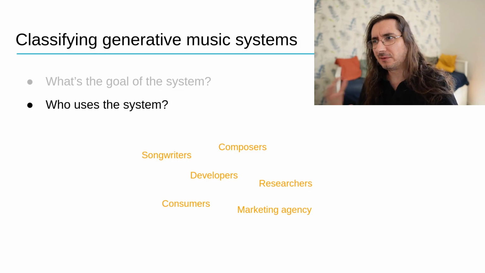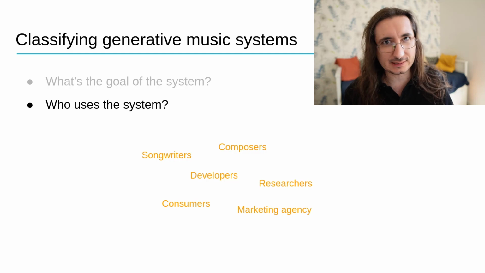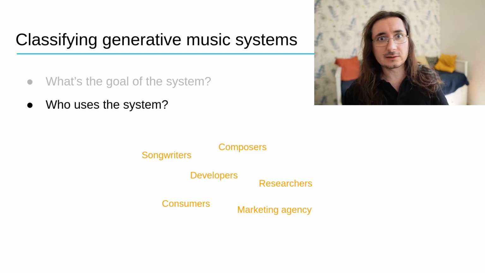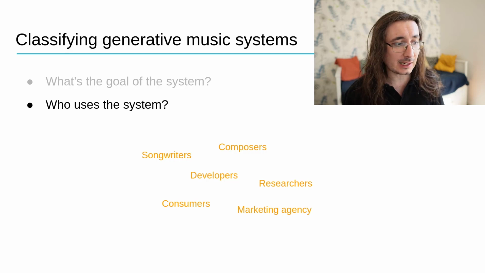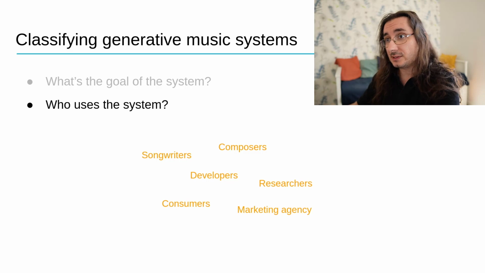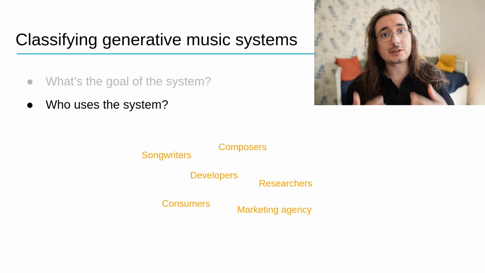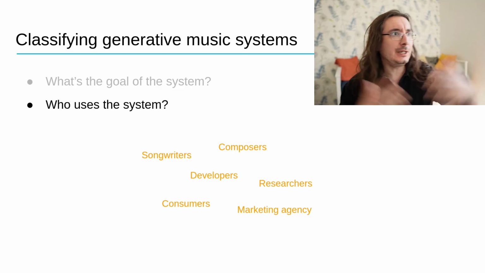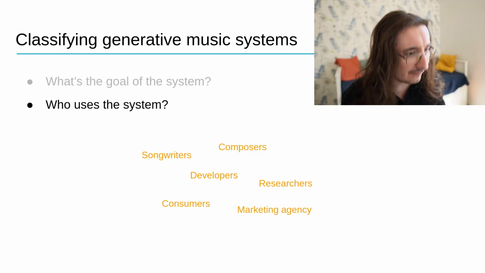So these are a type of music assistants, composer assistants. But we can think of other generative music systems that target different types of users. Like, for example, developers. So this is an API that generates music, and a developer can leverage it in order to get music in his or her video games or web apps or what have you.